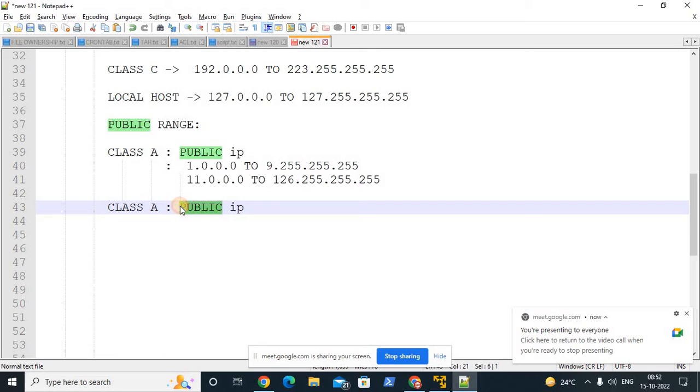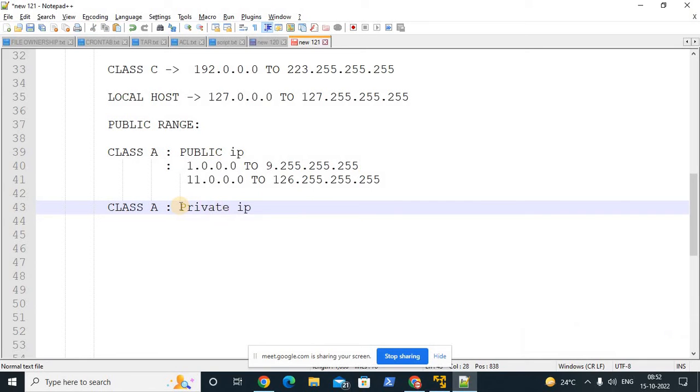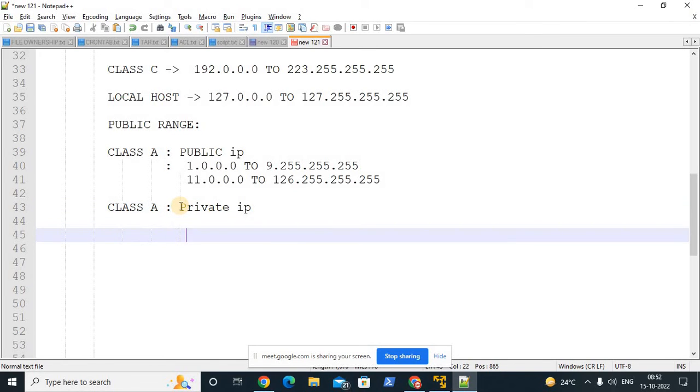What will be the range of the private IP? We just need to write 10.0.0.0 to 10.255.255.255.